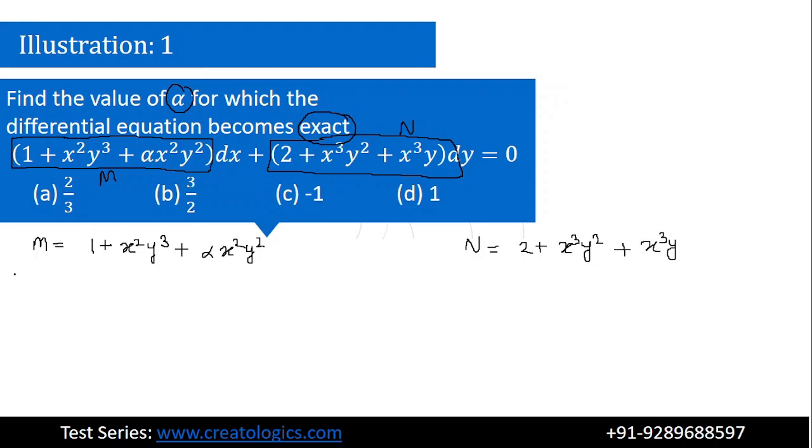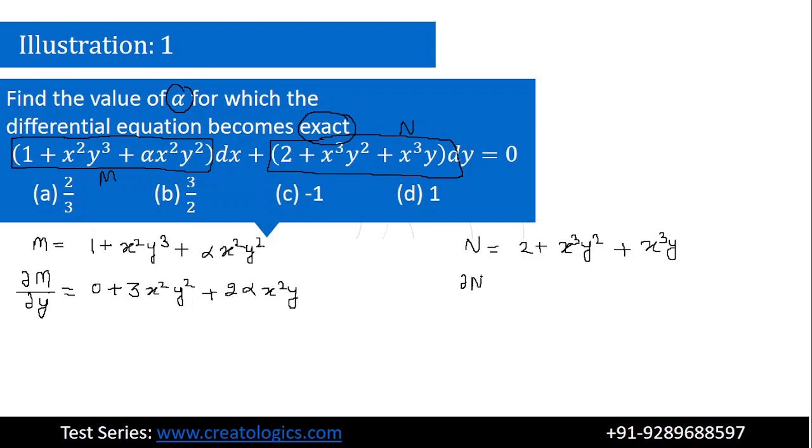Now partially differentiate this M with respect to y. It means you have to keep x constant. Consider your x as constant and differentiate with respect to y. So we get 0 plus 3x squared y squared, plus y squared differentiated gives 2y, so you can write it as 2 alpha x squared y.